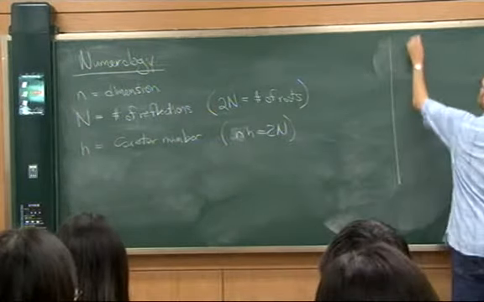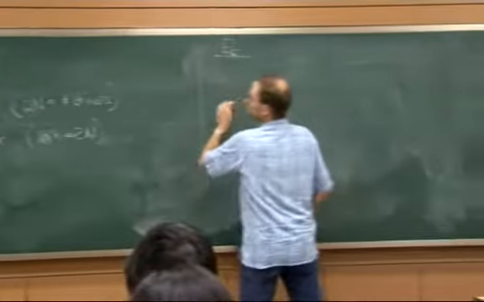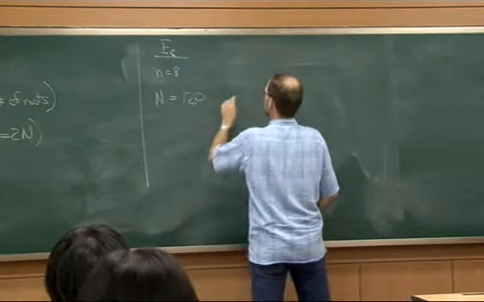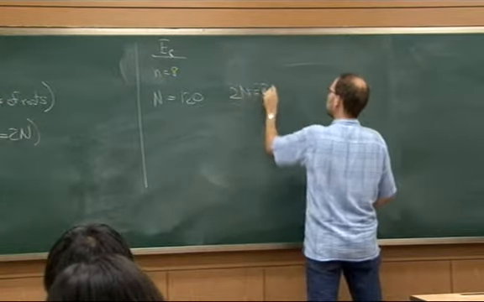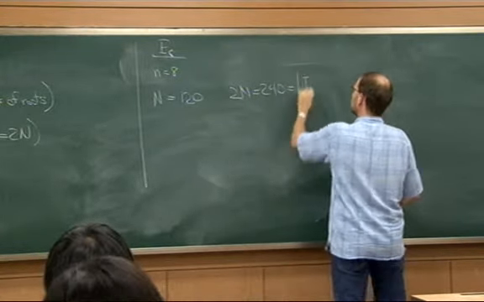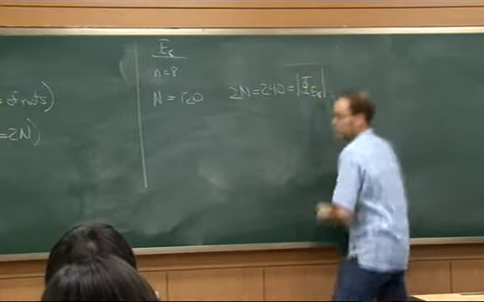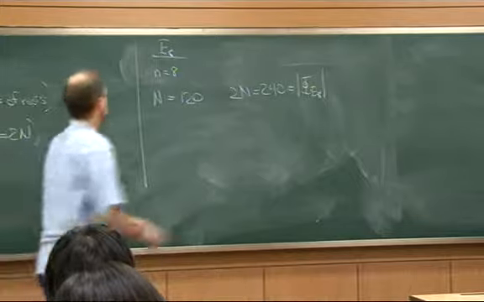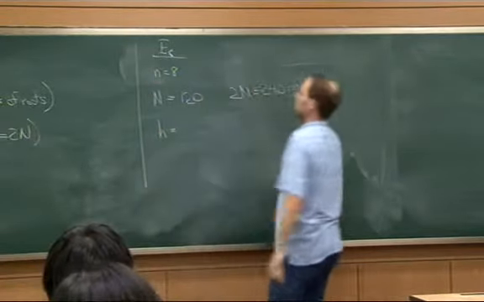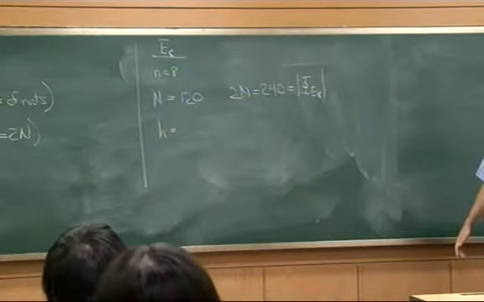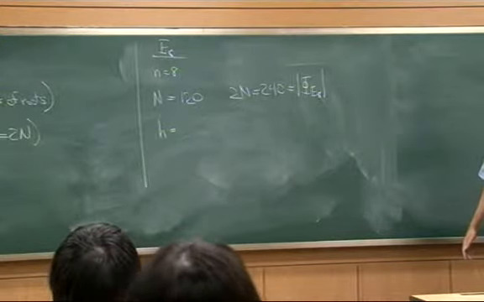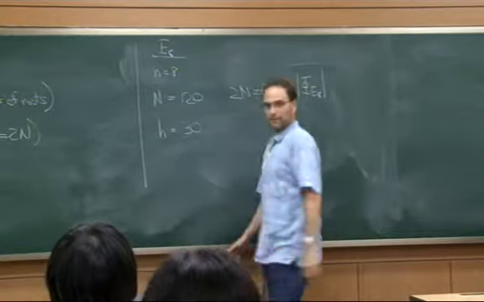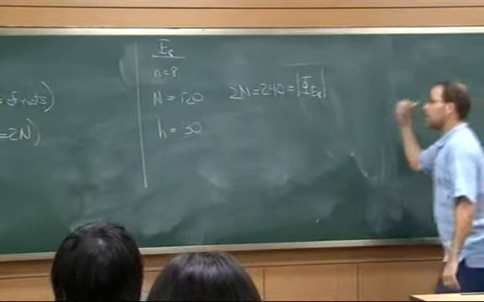And let's do the E8 example as we go through here. So n is 8, capital N is 120, twice N is 240, which is the size of the E8 root system. And so now what is little h in this case? 30. Yeah, little h is 30. Okay? All right.